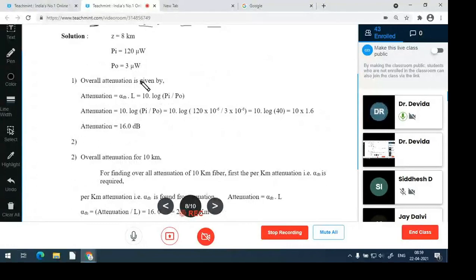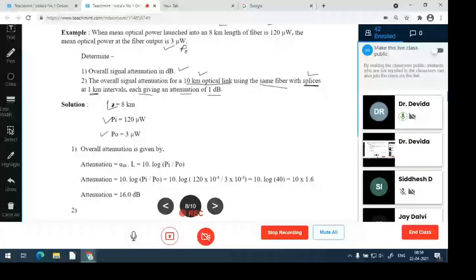So, this is L, which is 8 kilometer. Input power is 120 microwatt. Output power is 3 microwatt. This is given for the fiber. So suppose this is the 8 kilometer fiber.